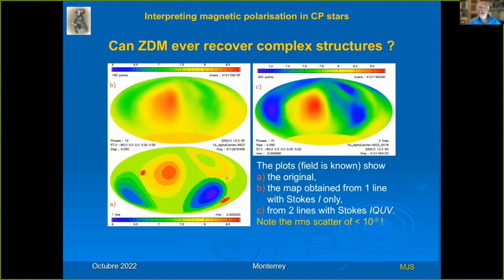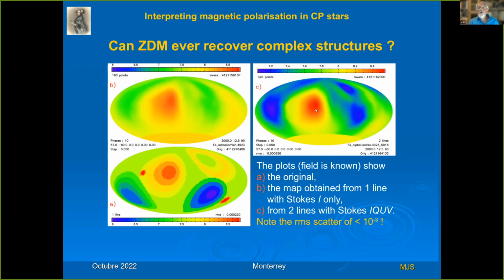And then almost at the end, can semi-Doppler mapping ever recover complex structures? If you assume, for example, this really complex abundance structure, and if you invert it with one line and just Stokes I, then you just recover one of these.